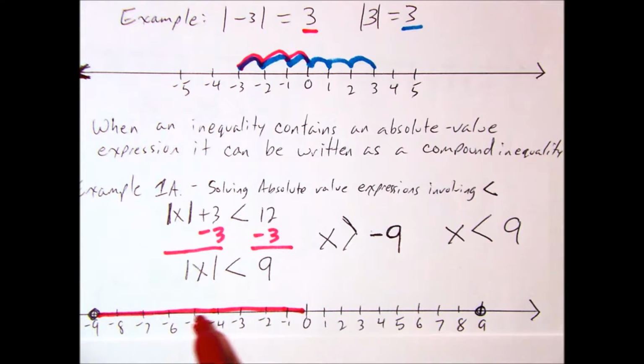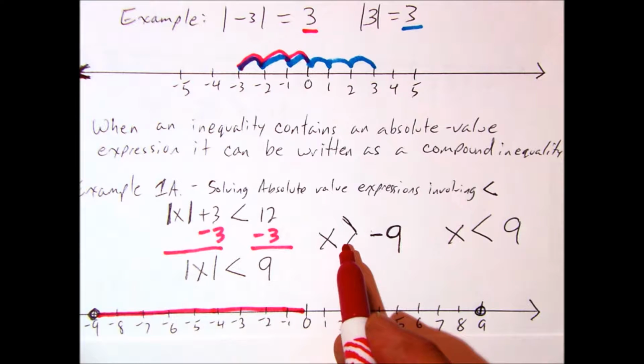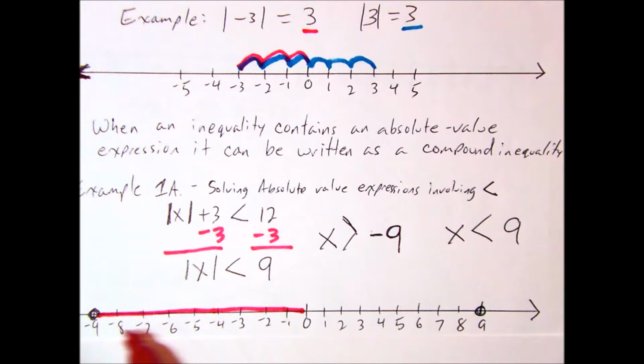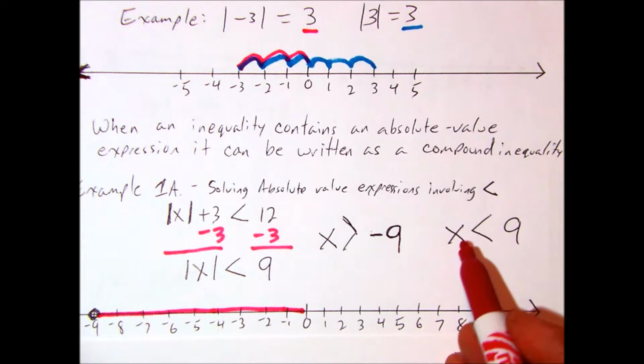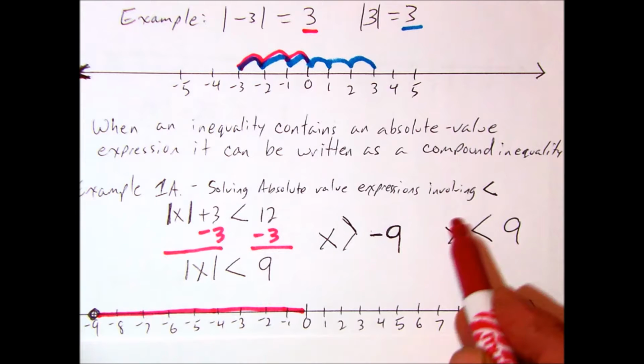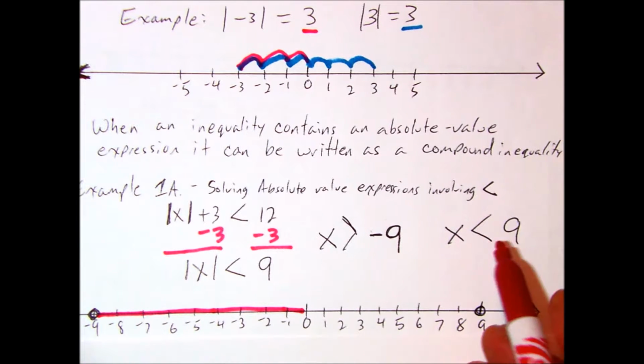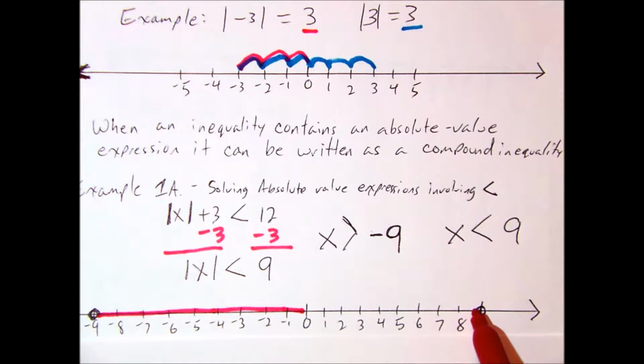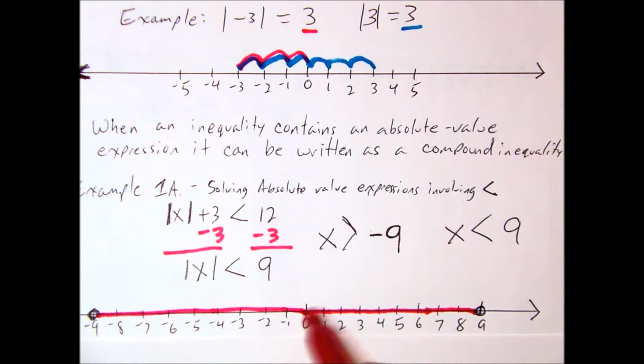So all the values in here satisfy this inequality up till 9, but not including -9. And then this value here, to graph this, it's pointing to the left. So from our endpoint, we're graphing back to 0.